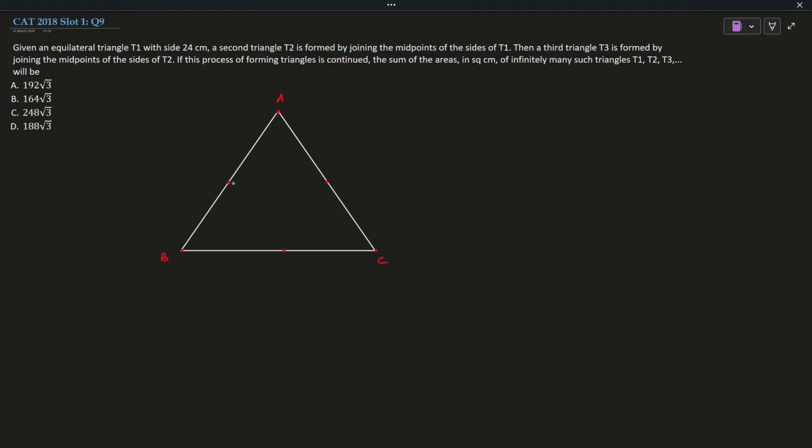I'll join these midpoints to form triangle T2. Then a third triangle T3 is formed by joining the midpoints of T2. So this is the midpoint of T2, this is the midpoint of T2, this is the midpoint of T2.